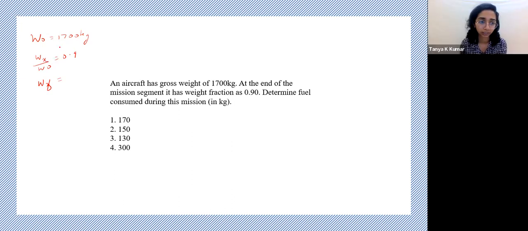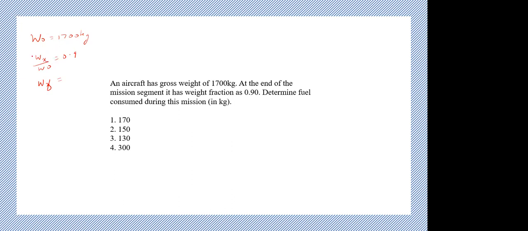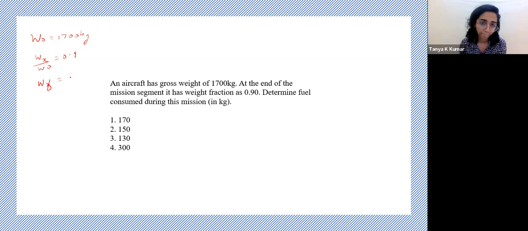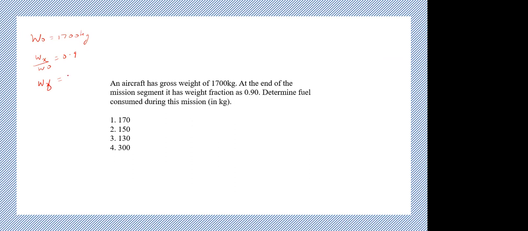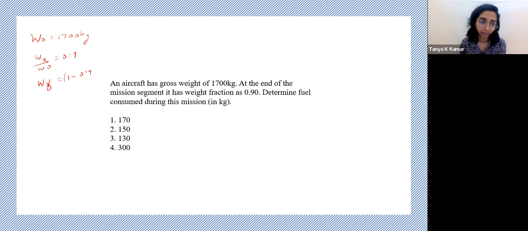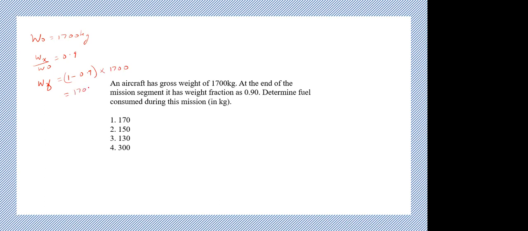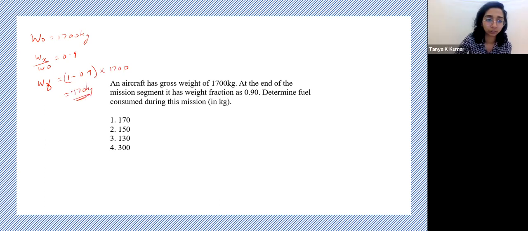So that's the delta W, right? Yeah, we can say that. So this will just be 1 minus 0.9 into the original weight. Yes, ma'am. So that is 170 kgs. What about the others? Did you follow these last two questions?